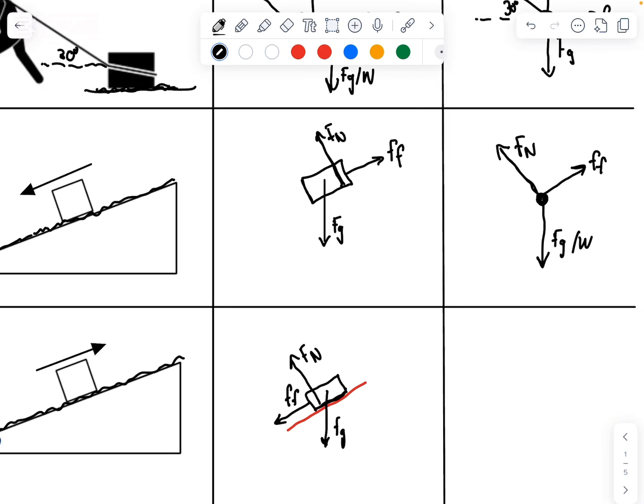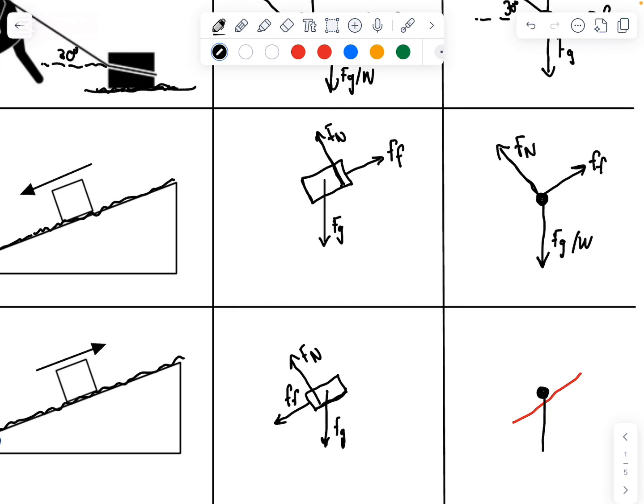Then on the free body diagram, we just sketch a dot. I forgot to erase the surface. I don't want to see that in an exam. I'm going to draw the surface again here. And then I start sketching my object as a dot because now I'm drawing my free body diagram.